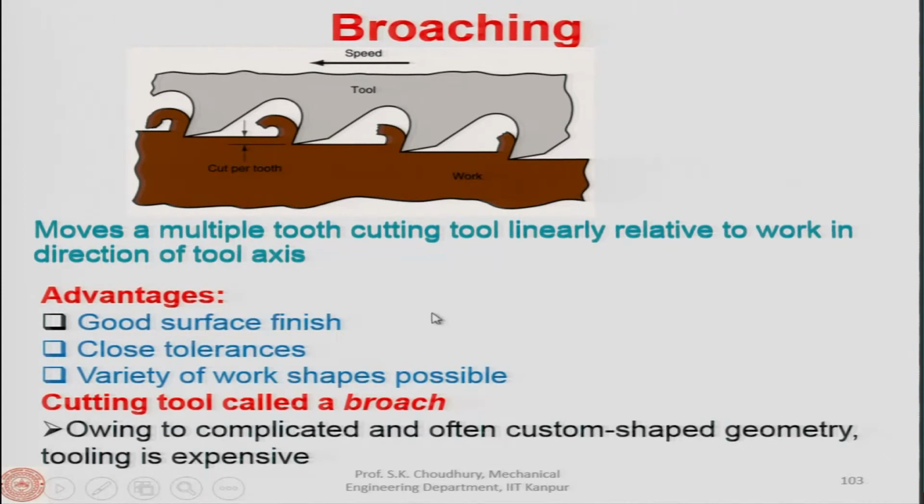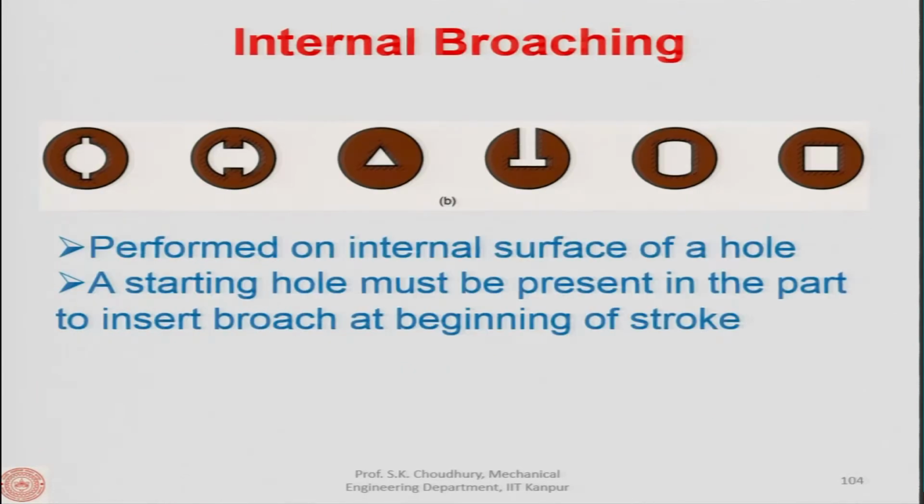So, instead of making only the tips where the cutting process takes place, the entire broach tool has to be made with that same material. So, that becomes very expensive. That is why the broaching process sometimes becomes more expensive than other processes.